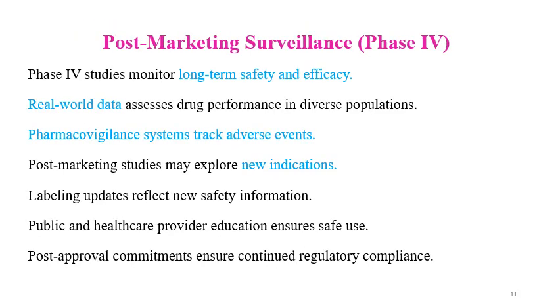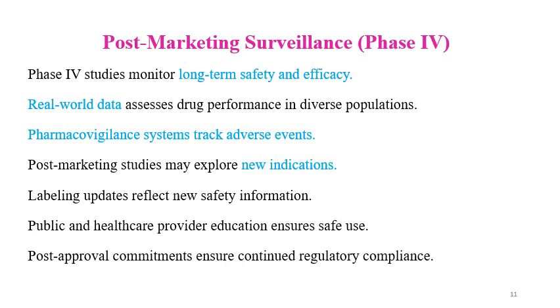After completion of phase 3 and regulatory approval, the product goes into the market, and then post-marketing surveillance will start. This post-marketing surveillance is called phase 4, and these phase 4 studies monitor long-term safety and efficacy in the population. So real world data will be generated after marketing to assess drug performance in the diverse population.